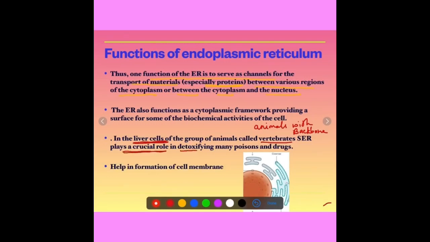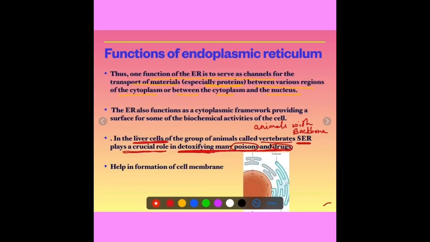To detoxify many poisons and drugs. In animal body, many toxins, many poisonous substances or drugs may enter. So, they can be detoxified. It means those poisons and drugs can be neutralized. That process is called detoxification. This is done by what? In smooth endoplasmic reticulum. So, this is very important. It keeps the organism safe.